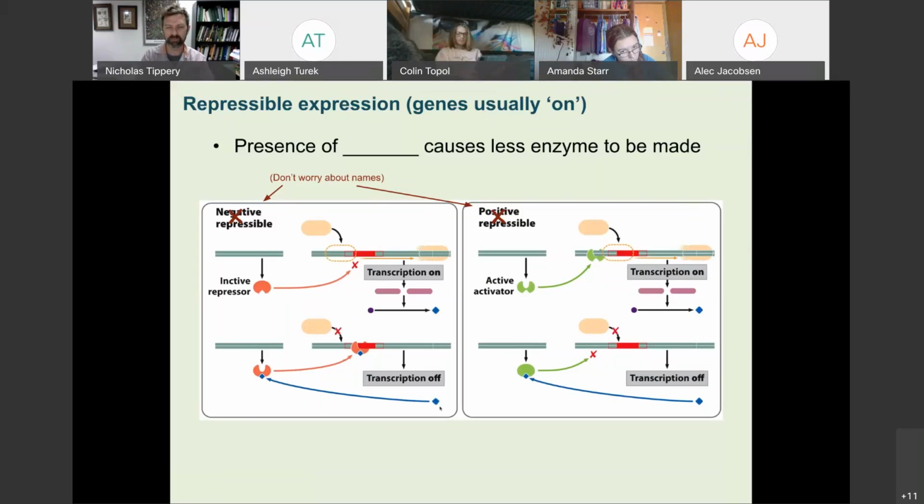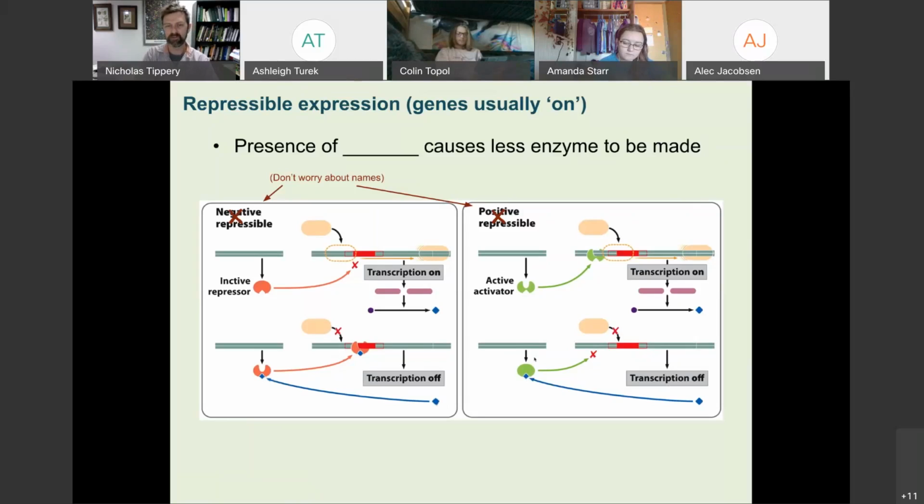When the product is present, then that turns transcription off. So these are repressible. The signal molecule interacts with the, in this case, the repressor and activates the repressor, causes transcription to turn off. The product signal molecule interacts with the activator, turns the activator off, prevents transcription.